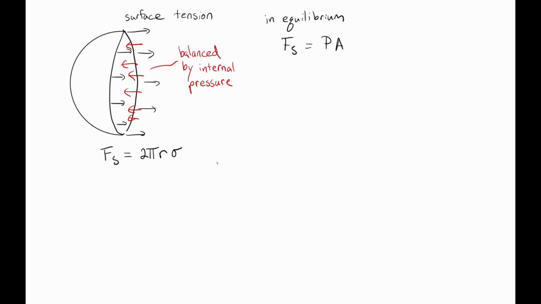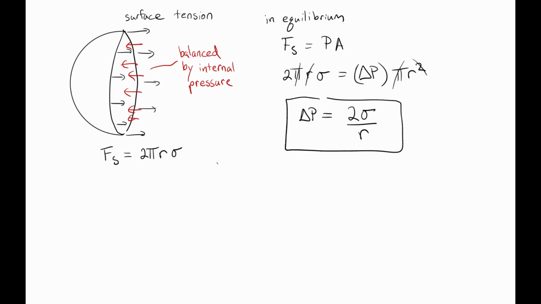Given that the area inside the sphere is pi r squared, you can set the pressure forces equal to the surface tension forces, and after doing just a little bit of cancellation, you can show that the change in pressure, or the internal pressure inside the droplet, must be equal to 2 times the surface tension divided by the radius of the droplet, meaning that the smaller the radius of the droplet is, the higher the internal pressure is. So very small droplets come with a very significant pressure buildup on the inside of them.